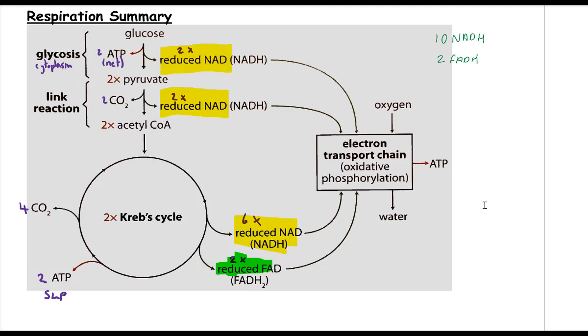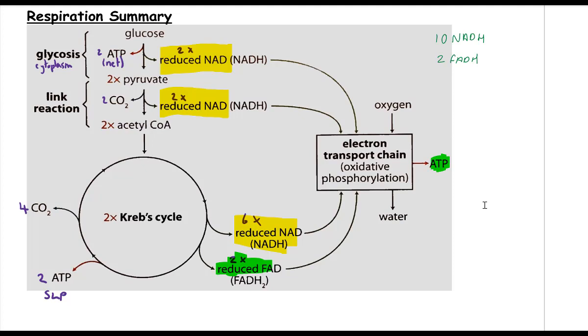The NAD and the FAD get fed into the electron transport chain, where they get passed along a series of carriers on the mitochondrial inner membrane, or the surface of the cristae. Because the carriers are at progressively lower energy levels, it releases ATP.